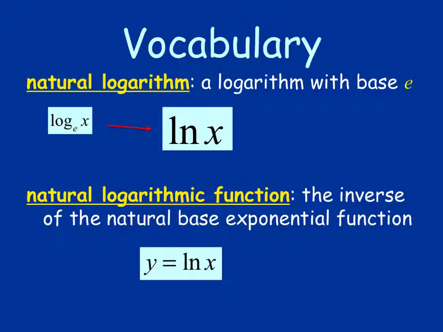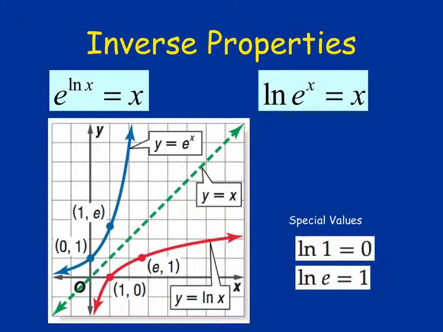Okay, and then the natural logarithmic function, once we take this and make it into a function, becomes y equals the natural log of x. Okay, we call this ln or ln of x, or the natural log of x. They all mean the same thing.